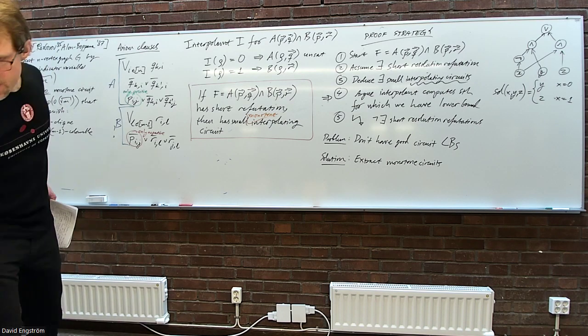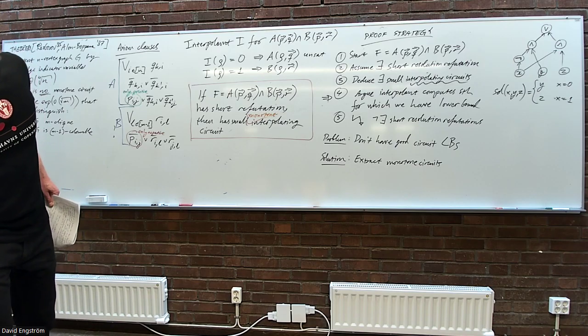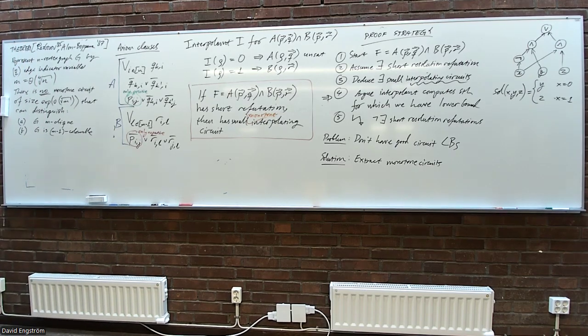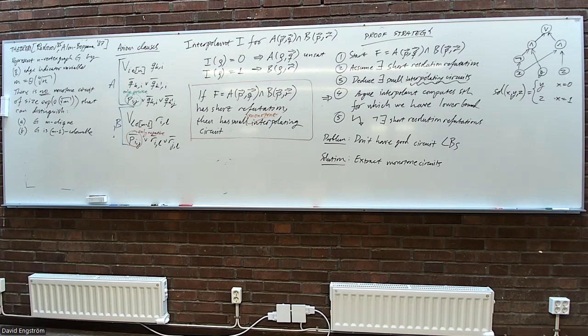This is maybe worth thinking about for a few seconds as well. Are the outputs flipped? Because when there is an M-clique, it should say 1, or am I getting this mixed up? Did I flip the signs? Excellent question. When the interpolant is 0, A is unsat, therefore there is no clique.